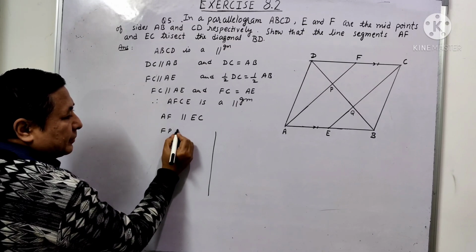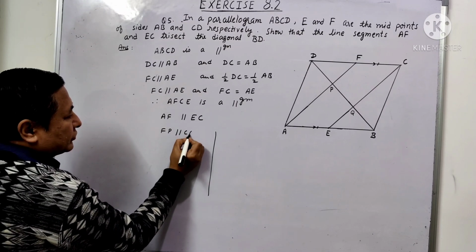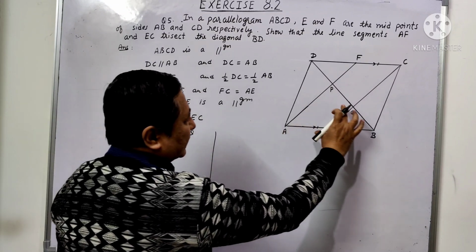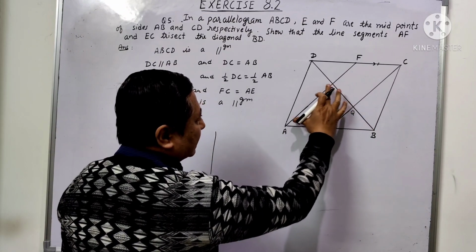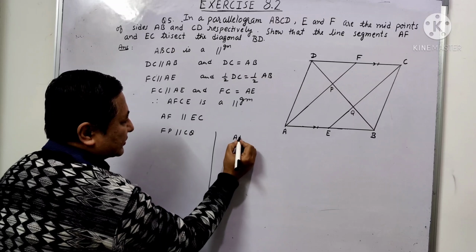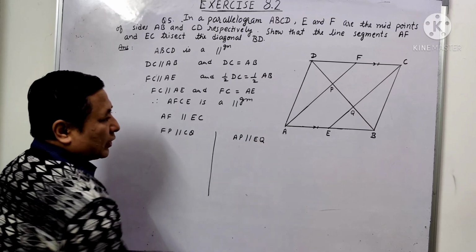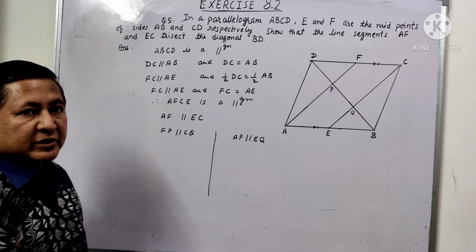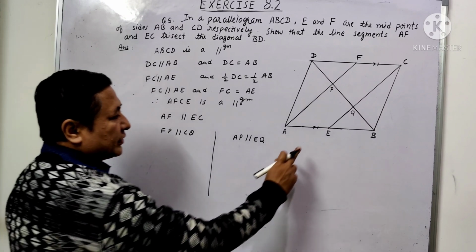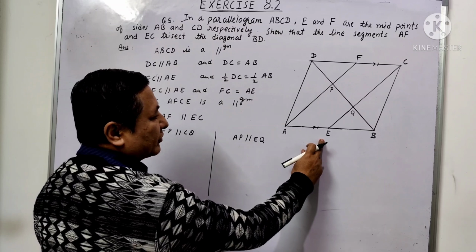FP is parallel to CQ, and EQ is parallel to AP. Also it is given in the question that E is the midpoint of AB.